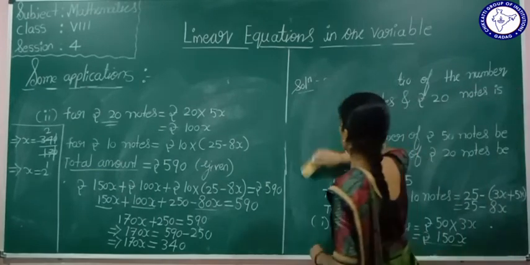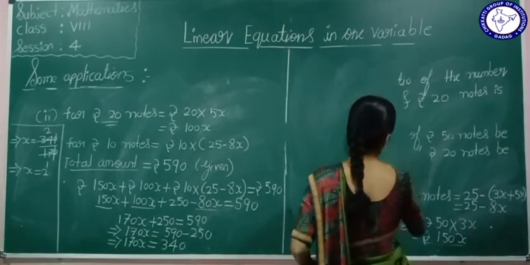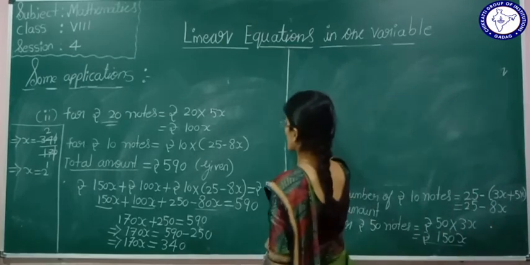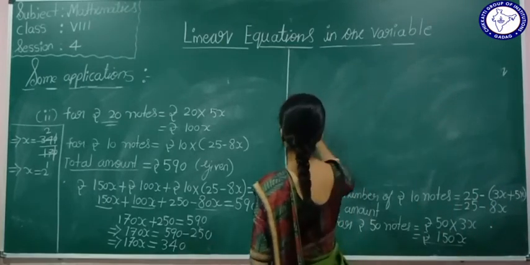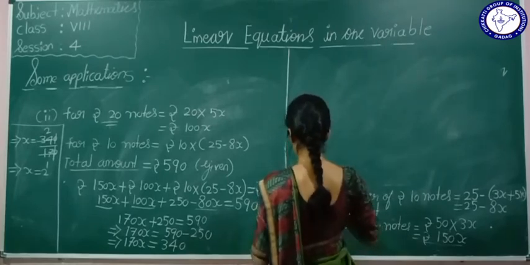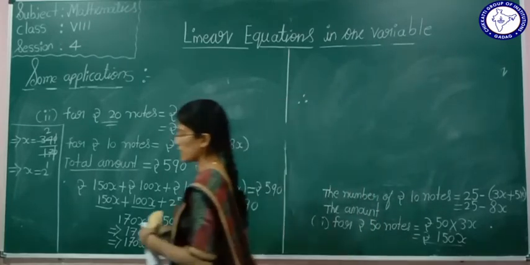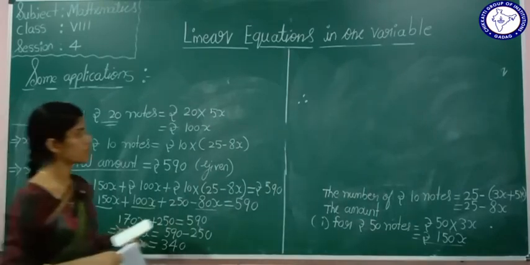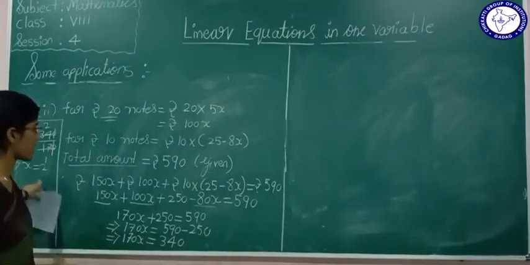So, therefore, what can we take here? The number of 50 rupee notes. See, we got x value 2.